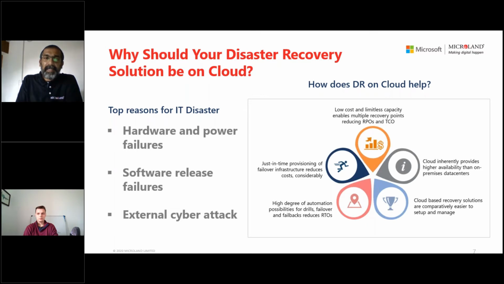In the beginning we looked at how many disasters are because of power failures, cable failures and various other things. Today, we know that hyperscale cloud providers do not have that issue at all. Typically, you have a highly guaranteed availability of your disaster infrastructure, which can be scaled for prolonged periods. So cloud inherently provides that.